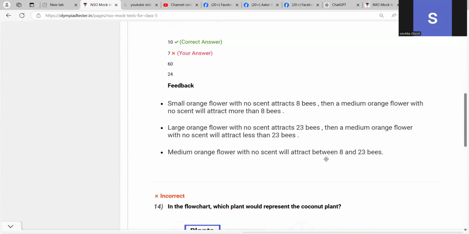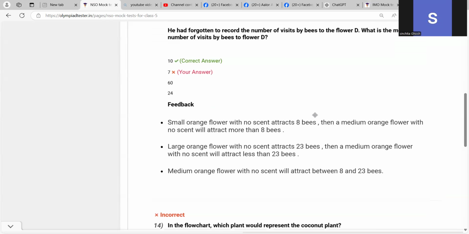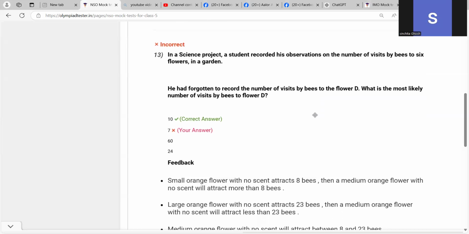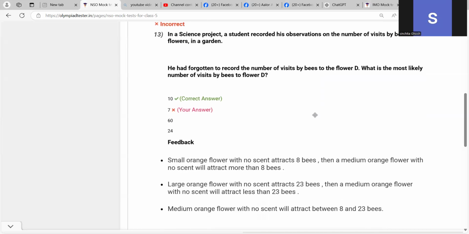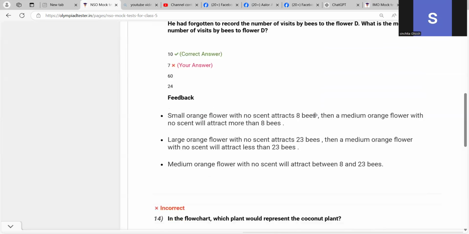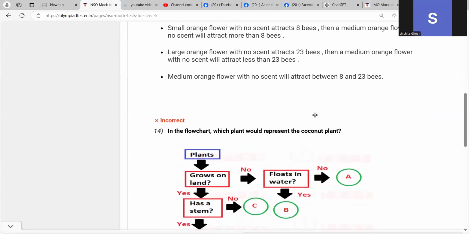Medium orange flower with no scent will attract between 8 and 23. So let's check. Because this flower is a medium orange flower with no scent, it is attracting more than 8 bees. So it will be 10. Hope I am clear to everyone.